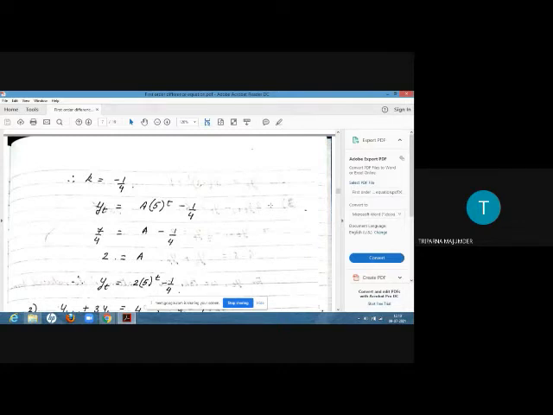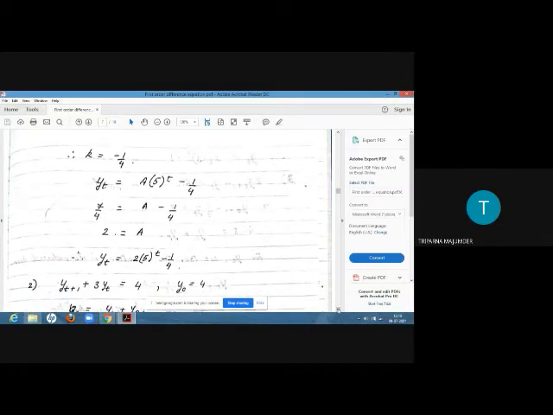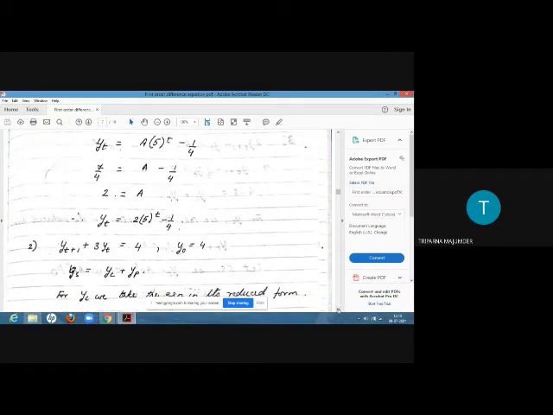We definitize this solution with our initial condition, which says that y0 is equal to 7/4, which gives us a value of 2 for a. We substitute the value for a in this equation to get yt equal to 2 into 5 to the power t minus 1/4. So this is the solution of our first order linear non-homogeneous difference equation.